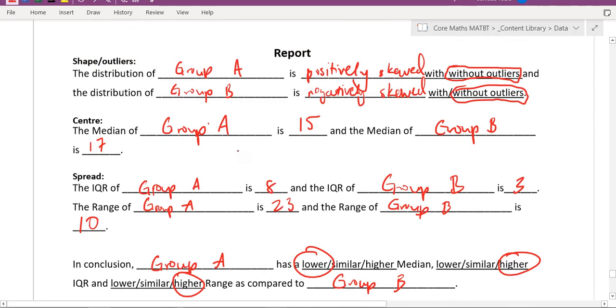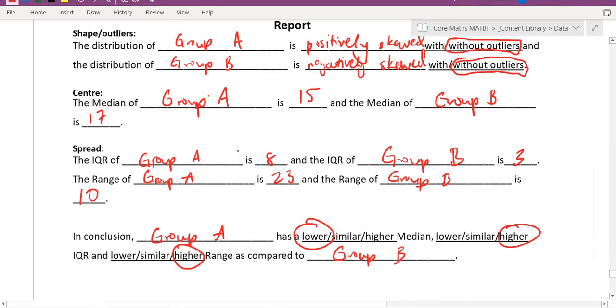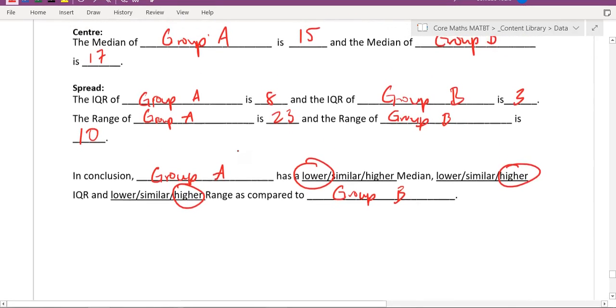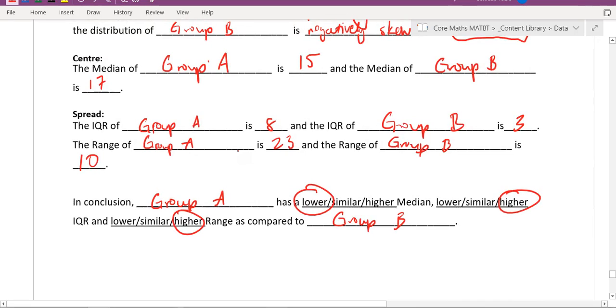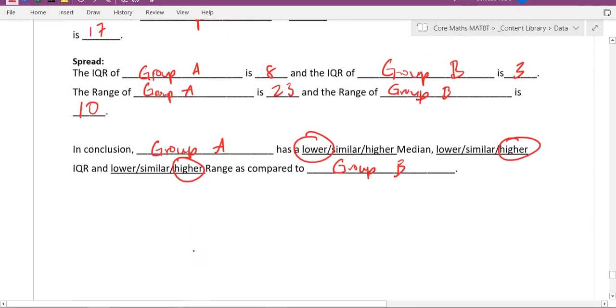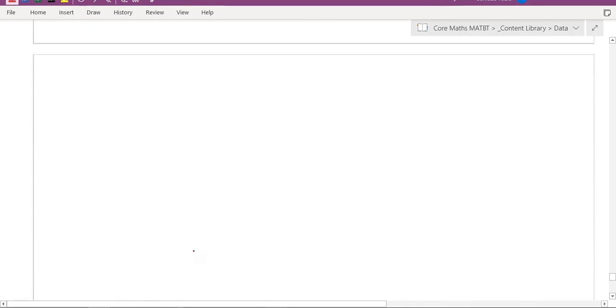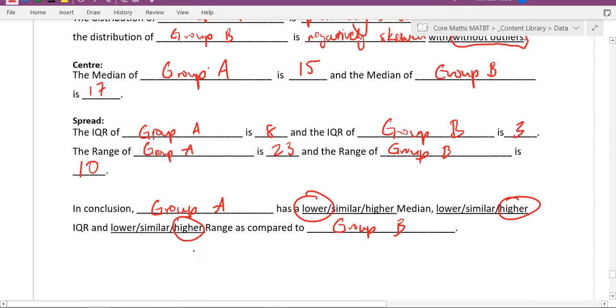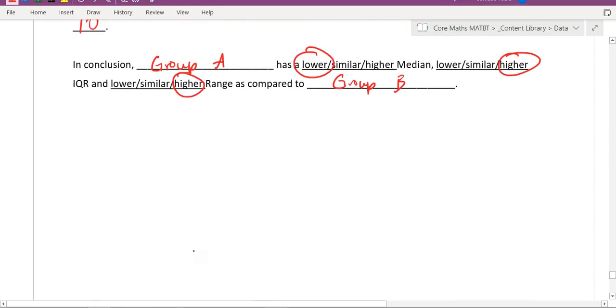But if you wrote in the SAC that the median for Group A is higher with the 17 compared to B with the 16, that's good too. You don't have to write lower, higher, similar, but be exact with it, I would say. It's just because this is the options that they gave us. Actually, if it was similar, then they'd have to be the same number. That's what I would go with. So treat it as that.